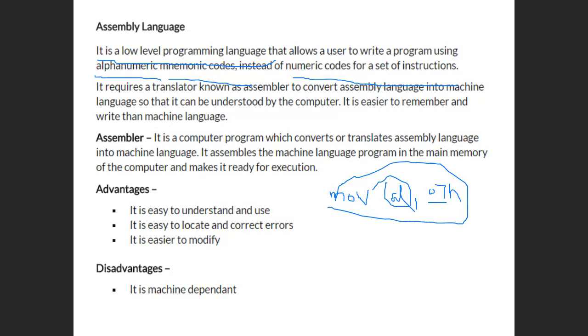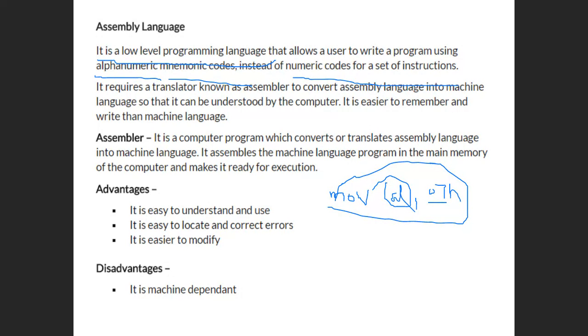Here in this instruction, we use alphabetic characters and numeric characters. M, O, V, A, L are alphabetic, and 07 is numeric. That's why it is called alphanumeric.